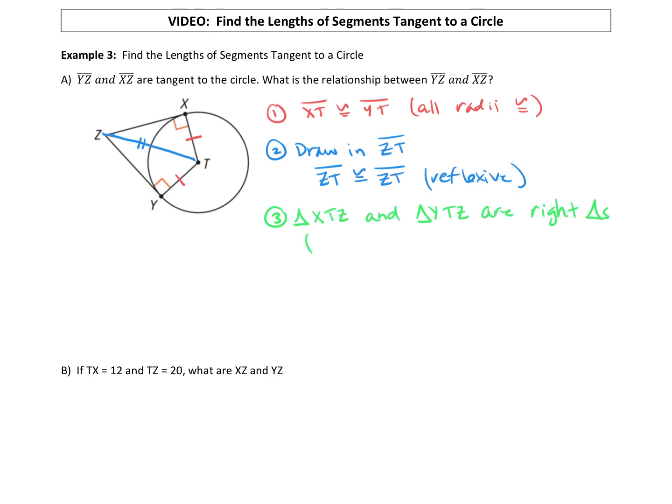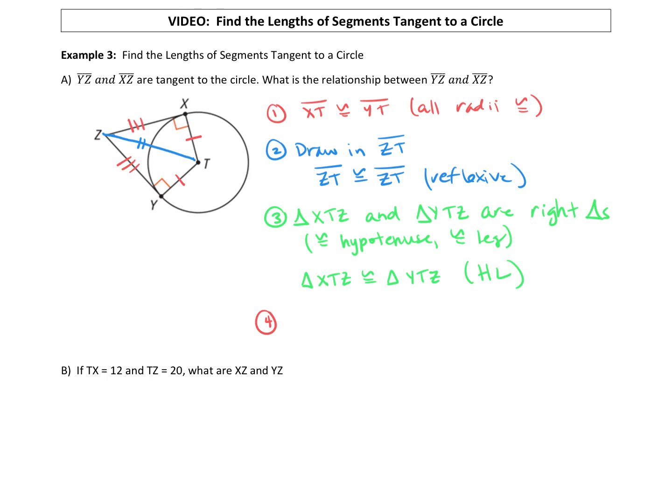So because we have a congruent hypotenuse and a congruent leg, that means that we have congruent triangles. So triangle XTZ is congruent to triangle YTZ by the hypotenuse leg theorem. Well, when you have congruent triangles, all the corresponding parts are congruent, and XZ is a corresponding part to YZ.